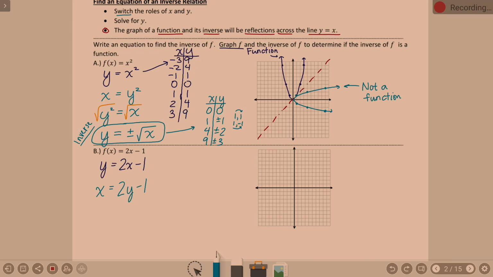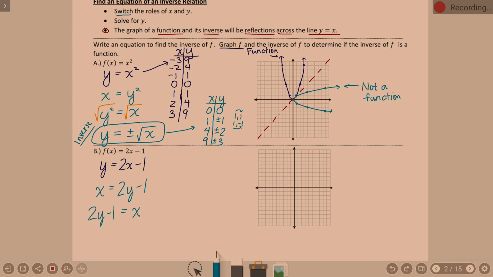How do you go about getting y by itself? What am I going to do before I divide? Would it help if I go ahead and flip the sides here? Let me flip the sides. 2y minus 1 equals x.